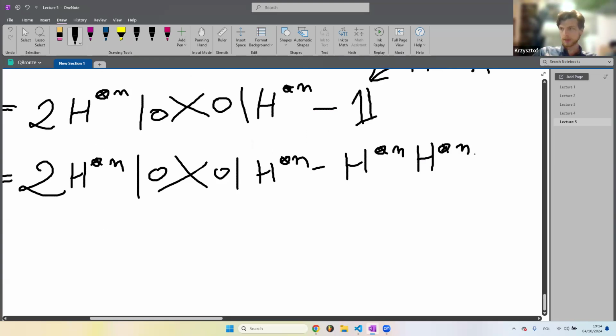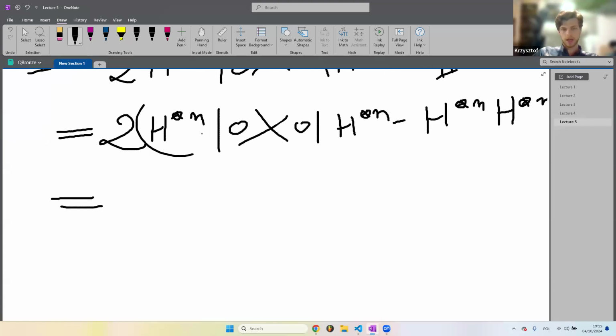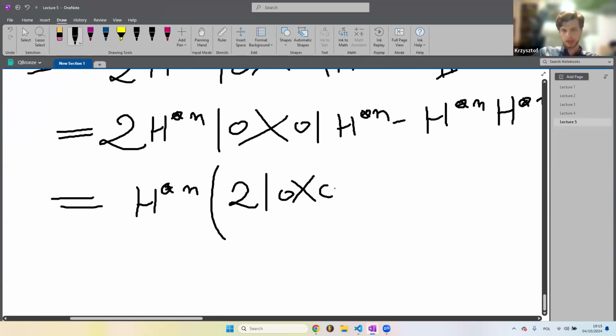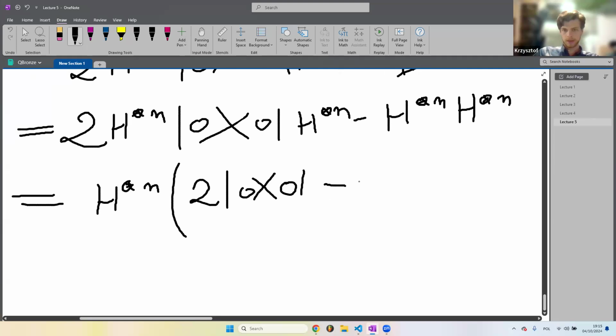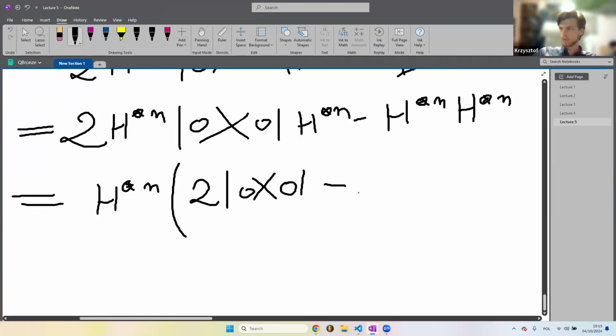Okay, so now we will try to factor out these Hadamard gates and write Hadamard gates n, this is 2 0 0 minus 1, and another Hadamard gate at the end.